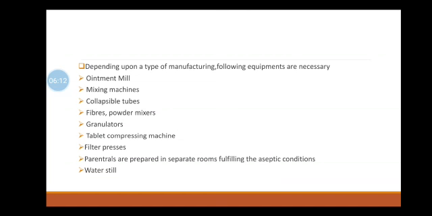Depending upon the type of manufacturing, the following equipments are also necessary, which consist of ointment mill, mixing machines, collapsible tubes.